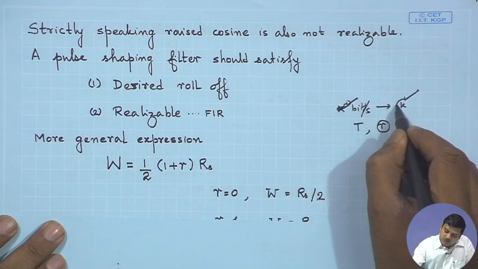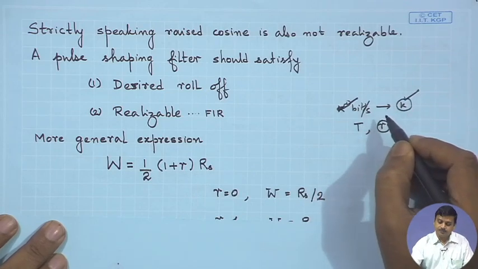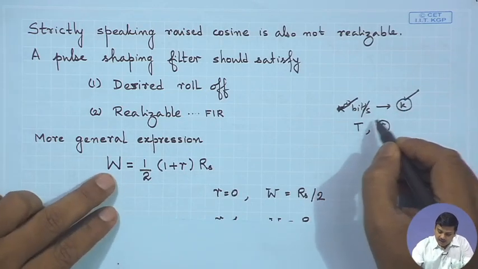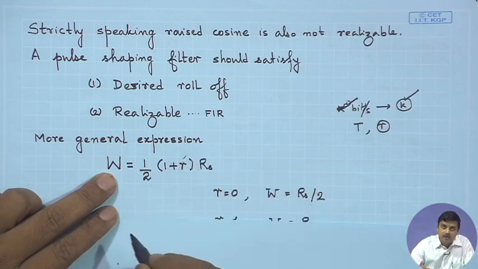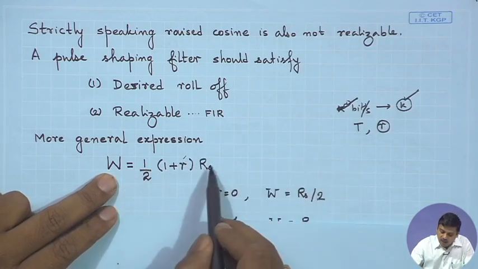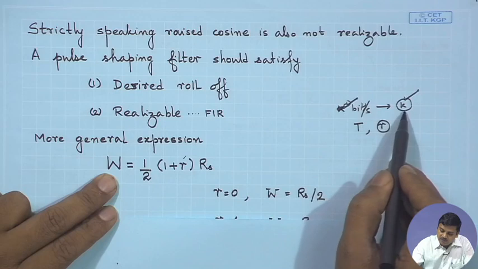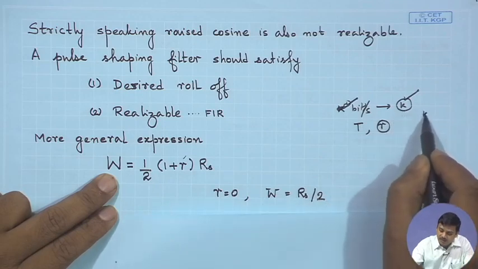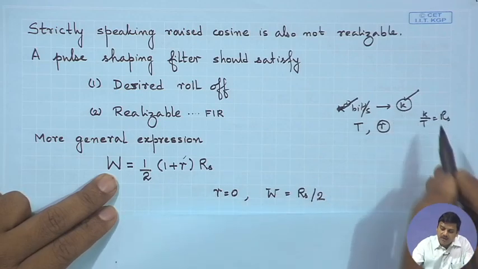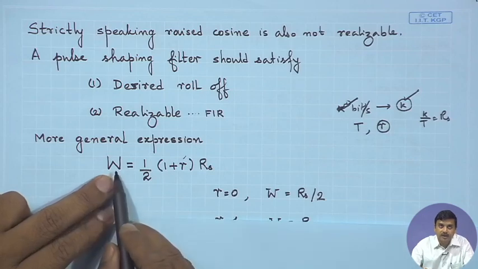So, I must be choosing my modulation level, right, and given R, I would be able to calculate, because if modulation level is fixed, k upon T should be equal to Rs, that is fixed, I would be able to calculate W.